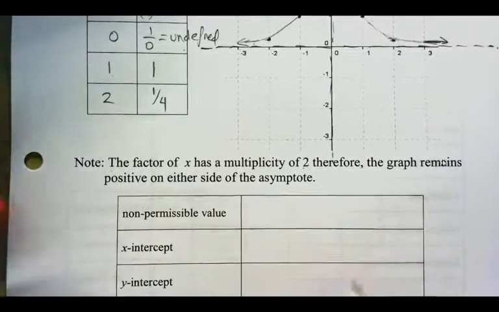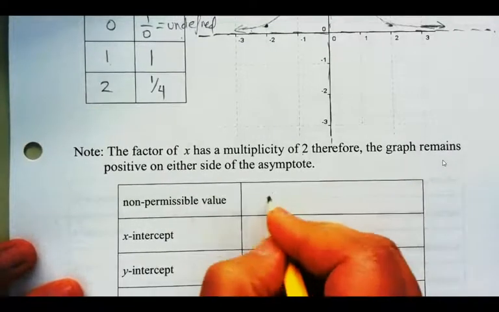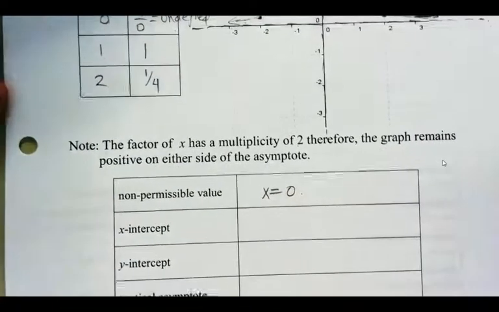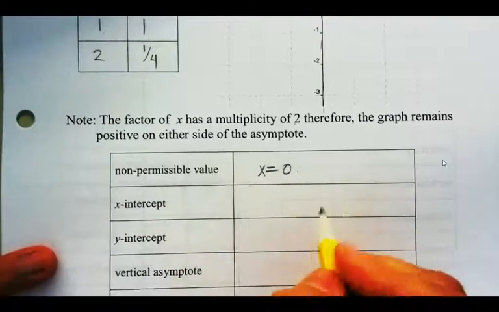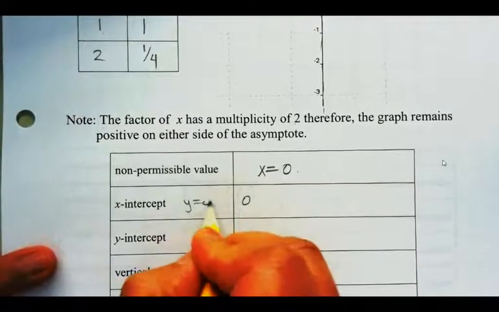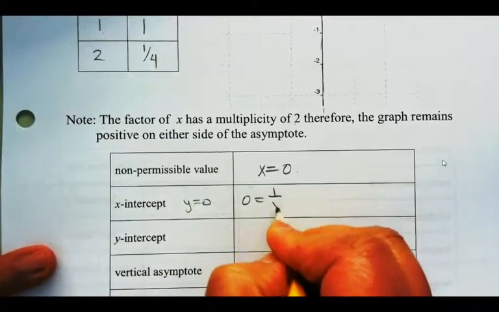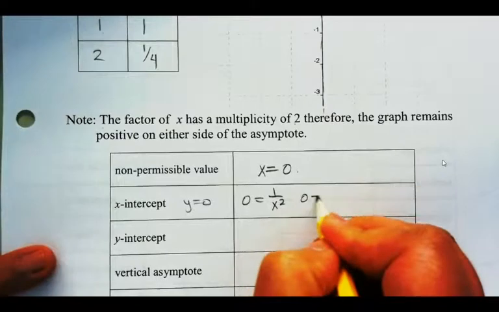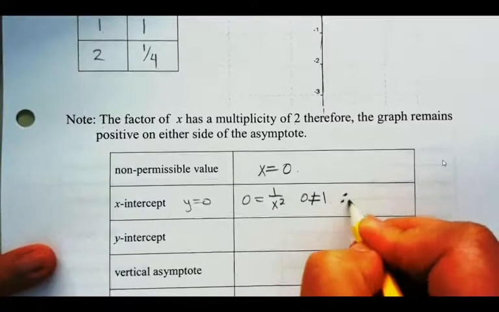And what's my non-permissible value here? What value of x is not allowed to be? So x equals 0 is my non-permissible value. My x-intercept here is what? That's when y equals 0. So if I set y equal to 0 and solve for x, what do I end up getting? I end up getting 0 equal 1. That's not possible, right?